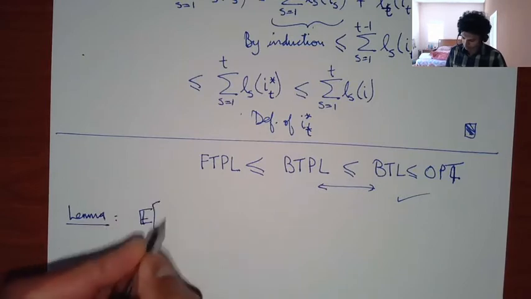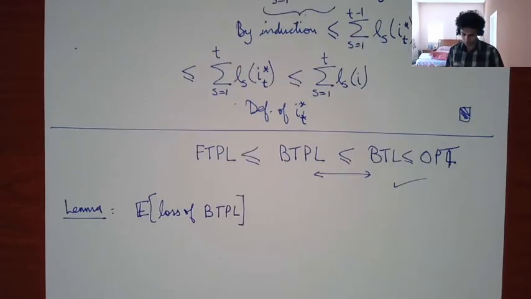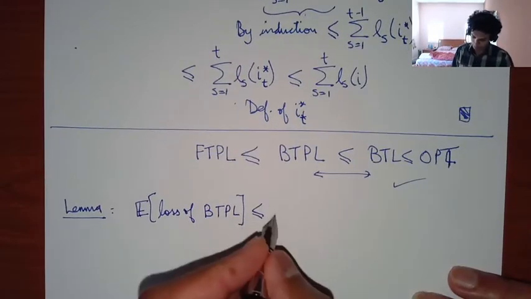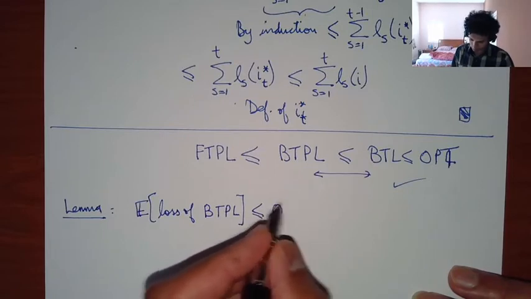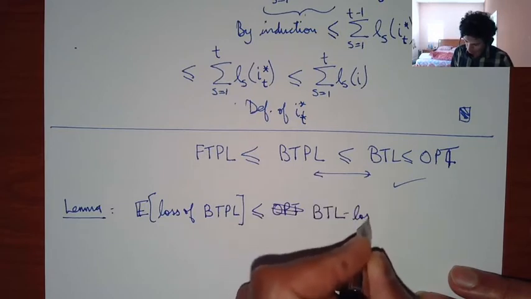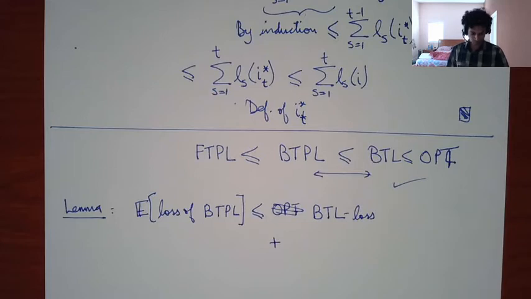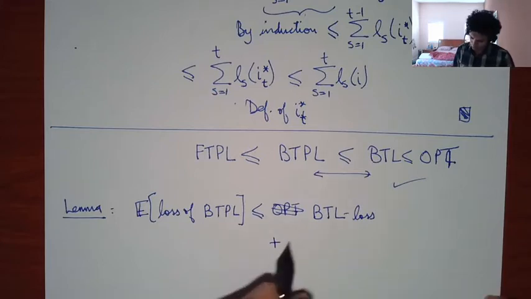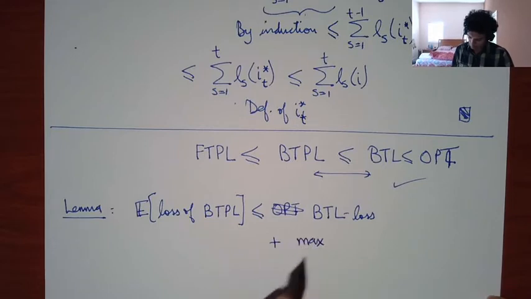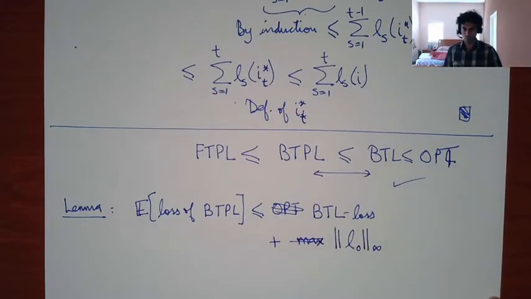So the expected loss of be the perturbed leader is at most be the leader loss plus the expectation of the infinity norm of L0.